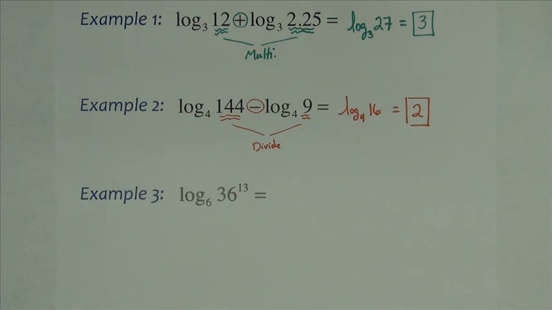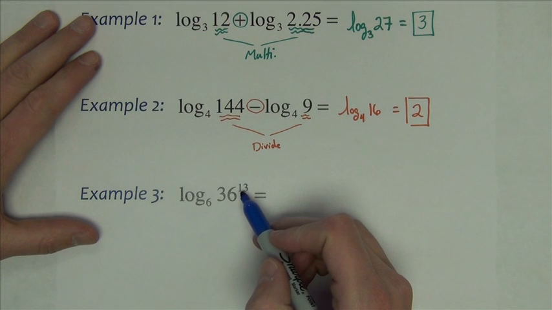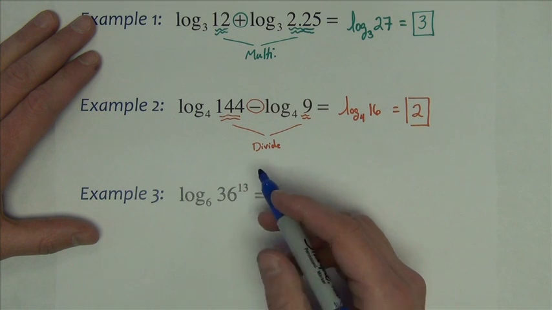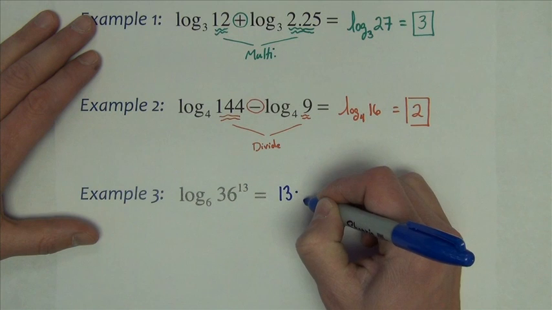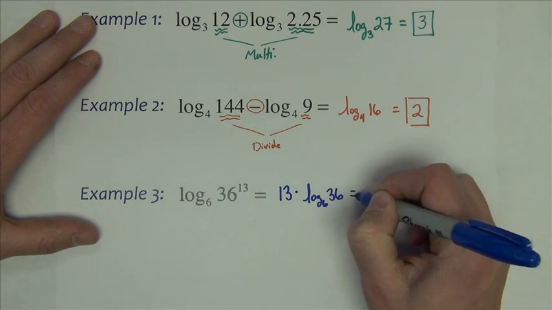And this last property is the power property on display here. I don't know what 36 raised to the 13th power is, and you probably do not either. It's probably much too big to even type into the calculator. But we've got a property that says this is the same as 13 times log base 6 of 36.